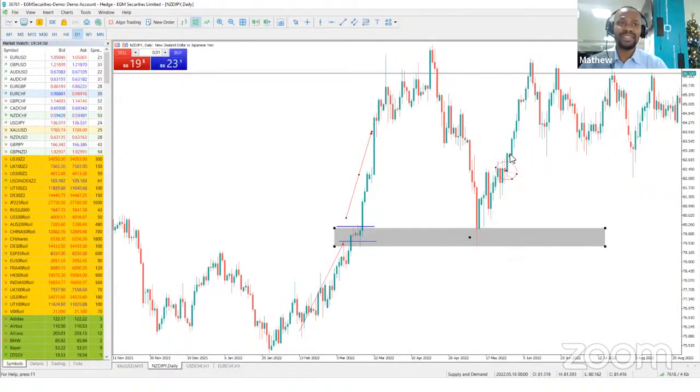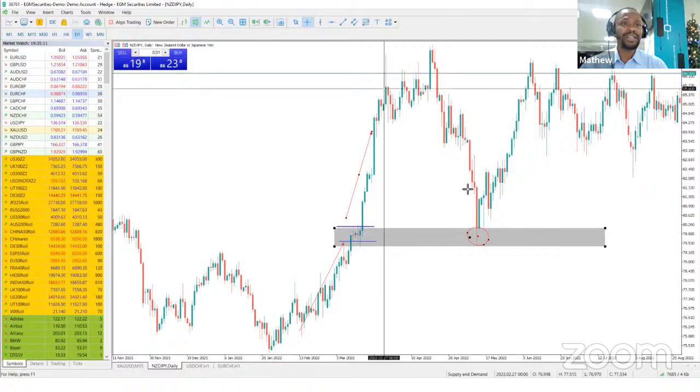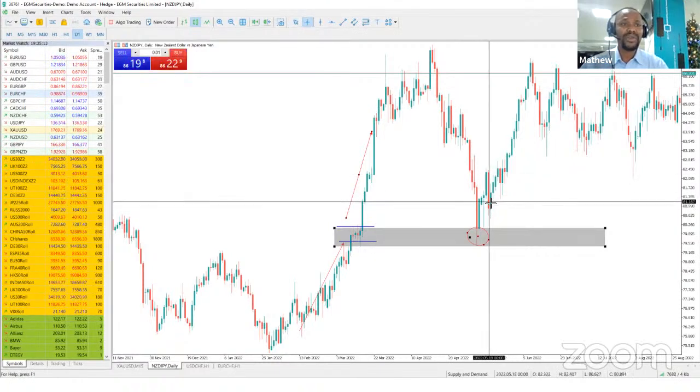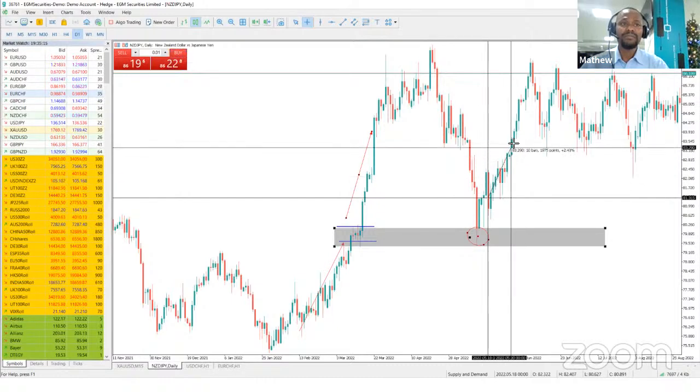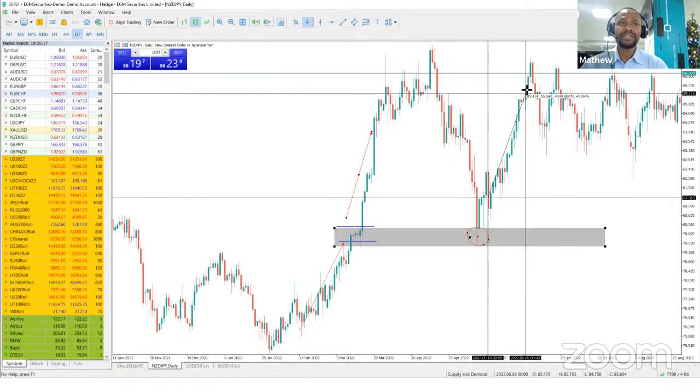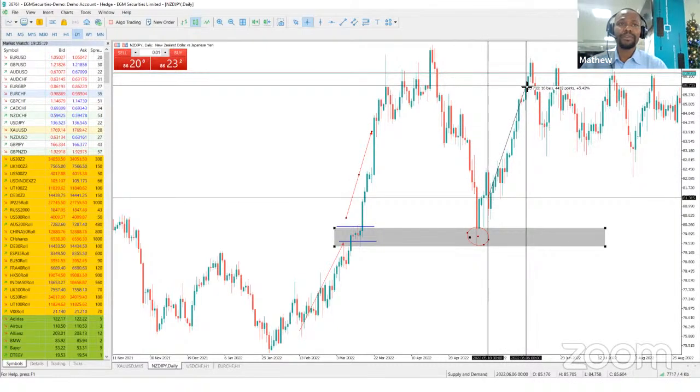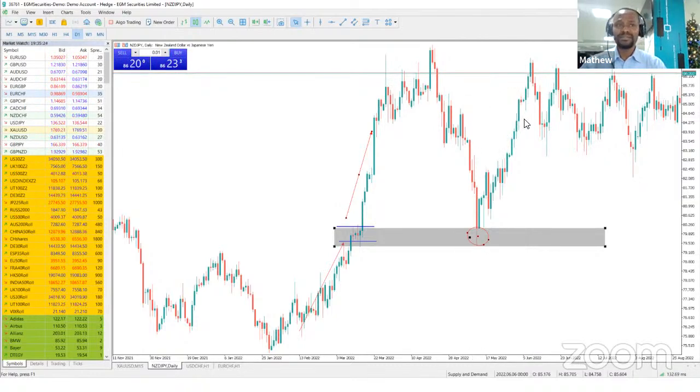The price exited, and with some attempt to come and get the orders filled here again, it went all the way high, right? How many pips were those for someone who was able to get it? Let me get the crosshair, and assuming we got in at this point, if I measure that move, we got around 400 pips. Remember, this one is on a daily chart.